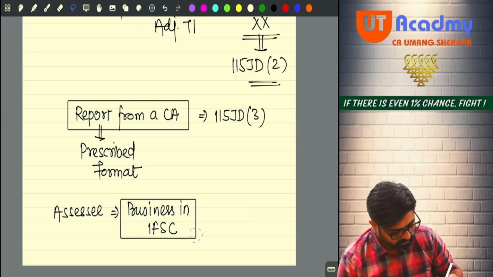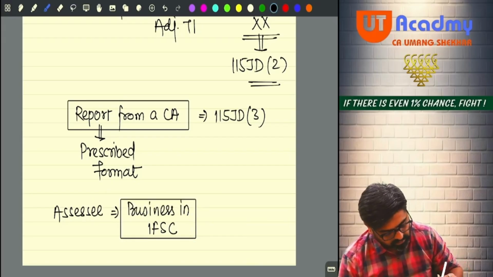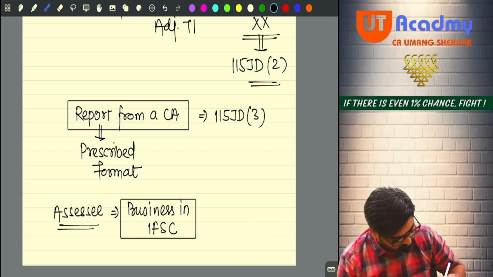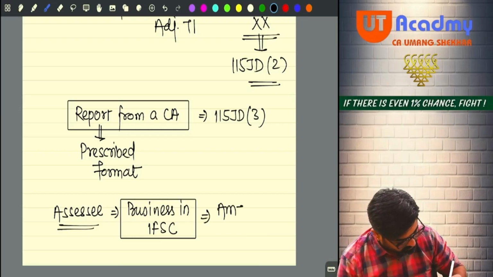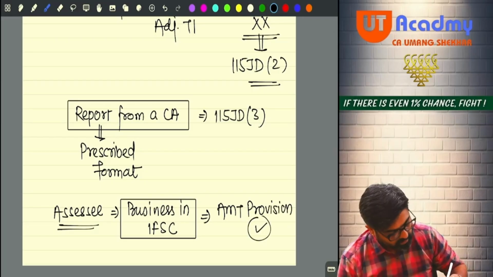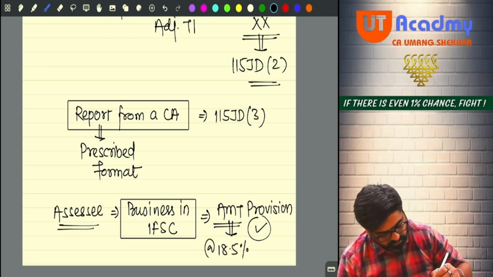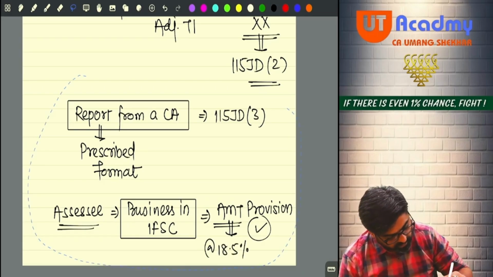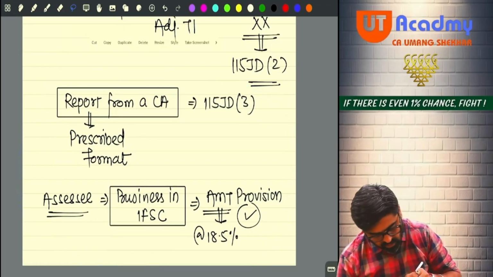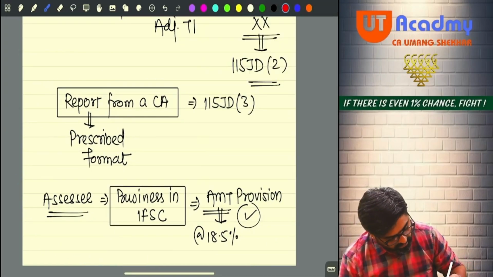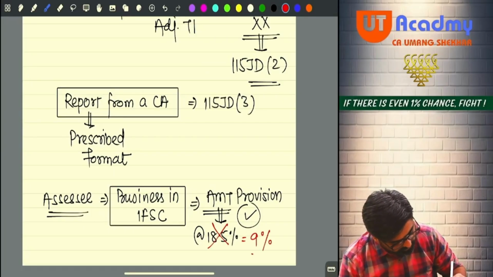So if you are having a business in International Financial Services Center, for these assessees, are AMT provisions applicable or not applicable? AMT provisions for these assessees are also applicable, but the AMT rate, which is 18.5% for all assessees, will not be applicable for these assessees. The AMT rate for them will be only 9%.